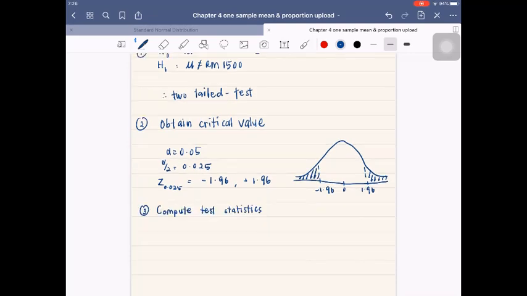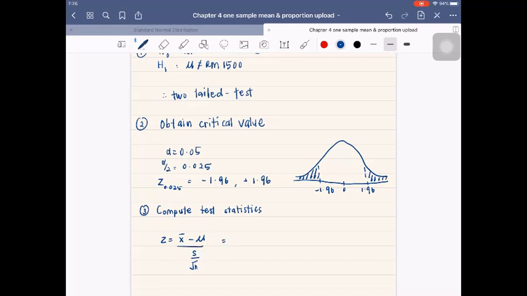Next step, we need to compute the test statistic. Since our n here is equal to 50, which is greater than 30, and we don't know the value of sigma, we're going to use Z equal to x bar minus mu divided by s over square root of n.